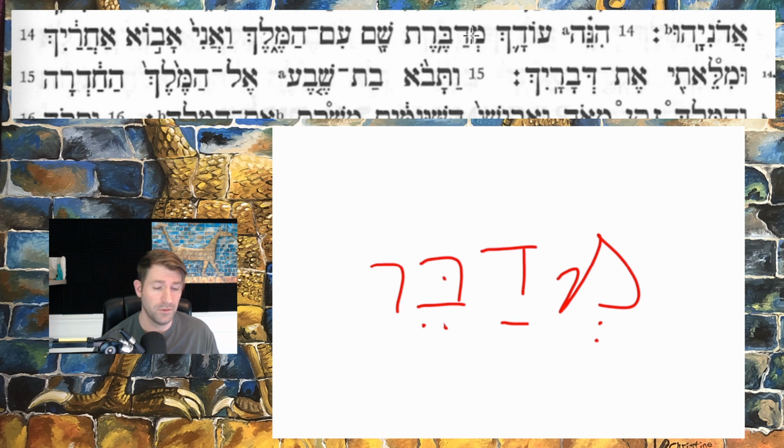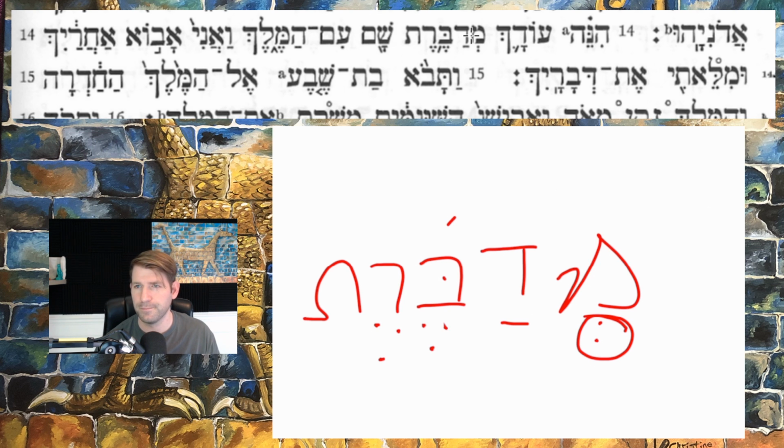So the participles in the PL start with this mem shava. If you see mem shava, you should probably start thinking PL active participle. So medaber, medaberet, medaberim, medaberot. Those are the forms.